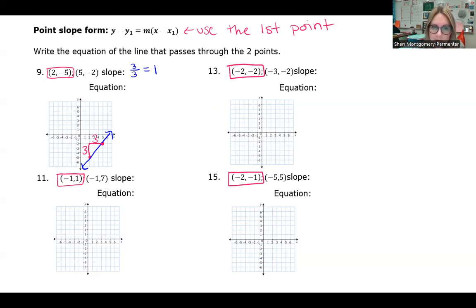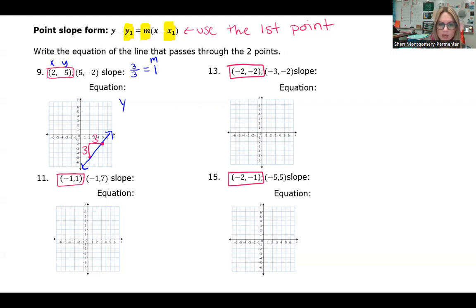There's only 3 things that I fill in. I'm going to fill in the y, the m, and the x. So this is a point that's x and y. And then my slope, what letter is slope? M. So my equation, I'm going to have some blanks.